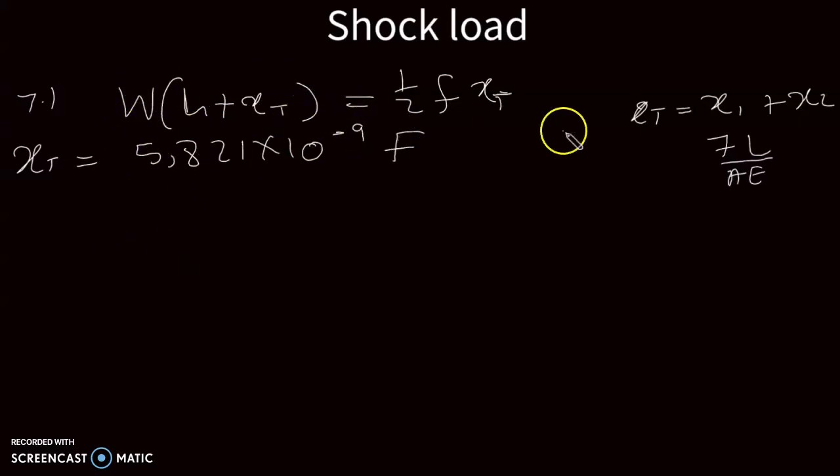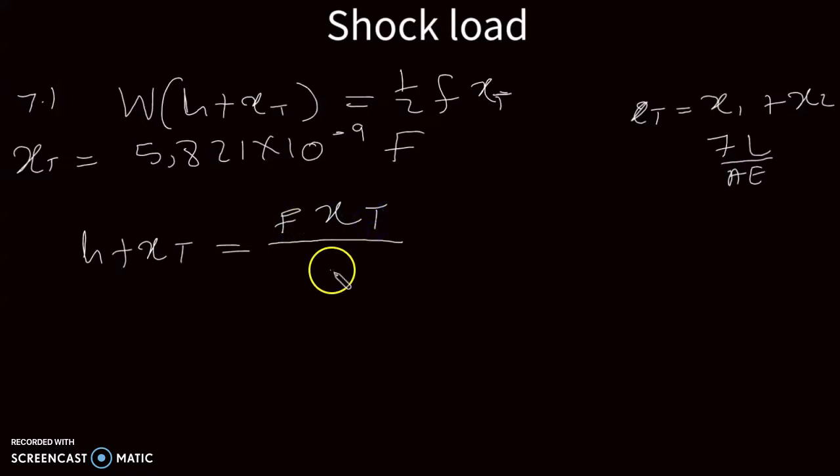Therefore, I'm going to divide both sides by W, and we're going to end up with a formula like this. H plus XT is equal to F times XT divided by 2W.